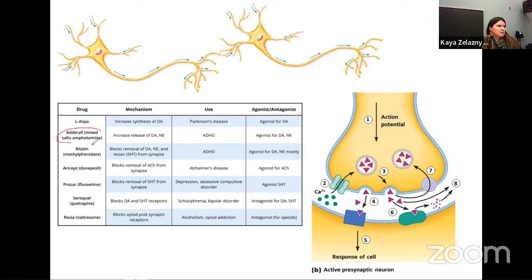Here we see that Adderall is increasing the release of dopamine and norepinephrine, used for ADHD. Also an agonist, right? Agonist means it's like increasing. Antagonist means it's like decreasing, essentially, for our purposes. So increasing those effects of the dopamine and the norepinephrine.